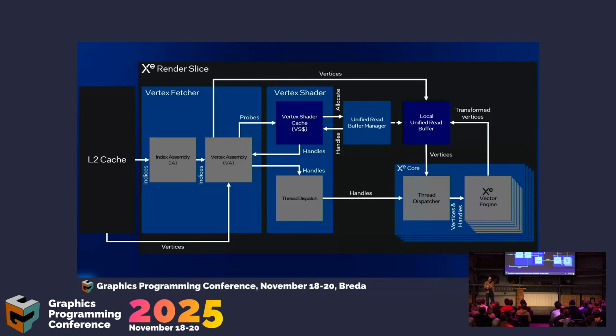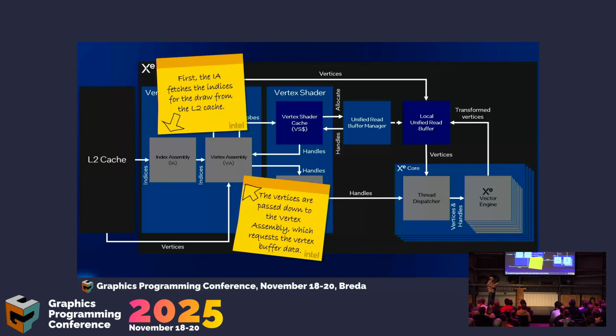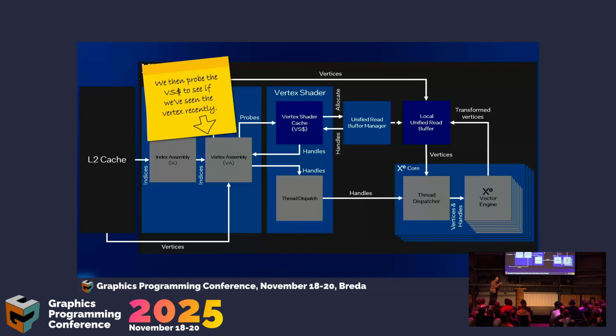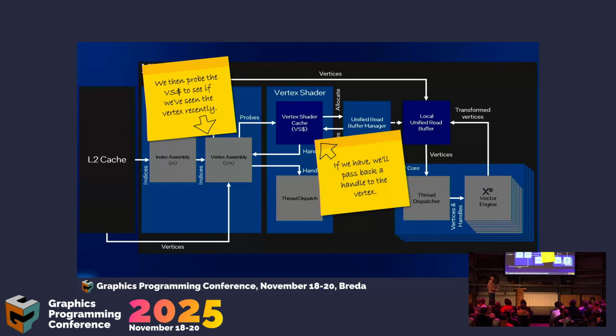And then what happens after that is we pass these vertices down here, and we are going to check in the vertex cache if we've seen this vertex recently. If we've seen the vertex recently, we can just pass a handle back and say, reuse that vertex. It's the equivalent of a post-transform cache or pre-transform cache that you might have encountered before.